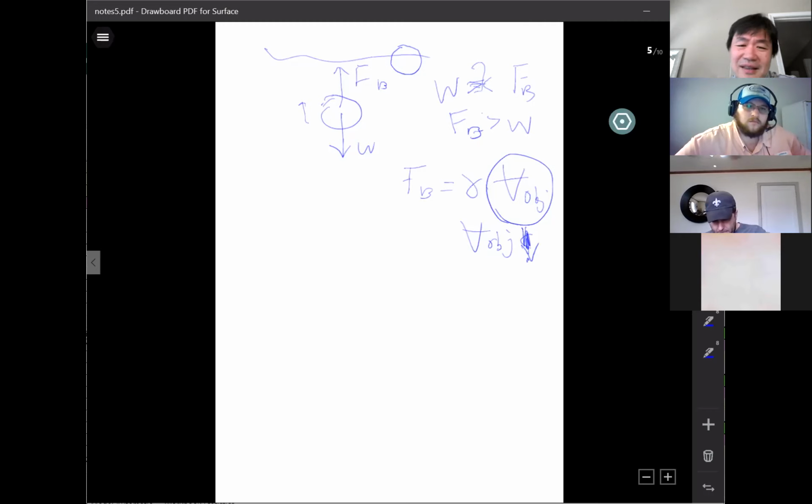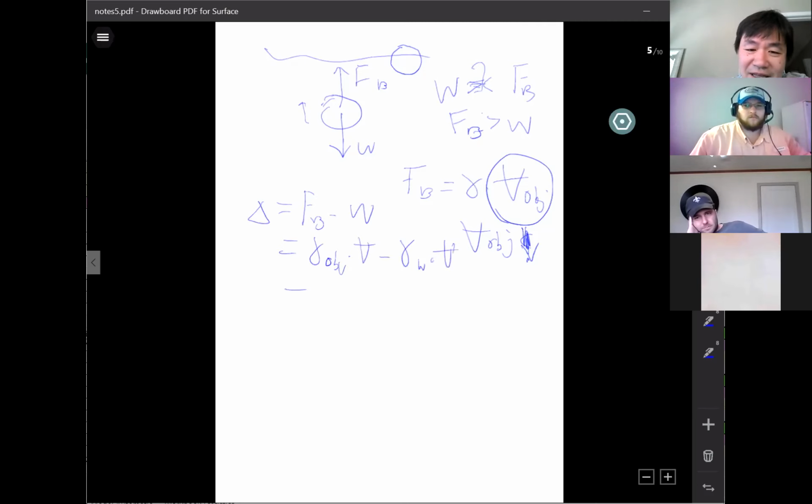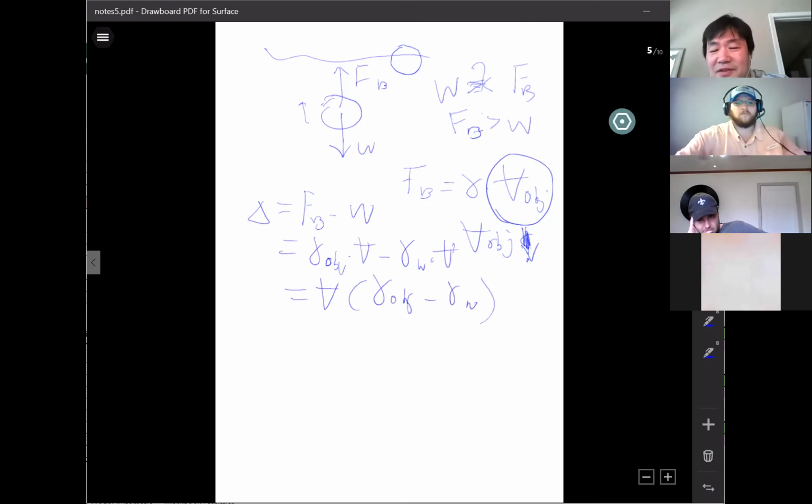So again, look at this equation. The difference between the buoyancy force and the W is gamma of the object times volume minus gamma of water times the same volume, right? So it is volume times gamma of object minus gamma of water. That's what a high school physics teacher says.